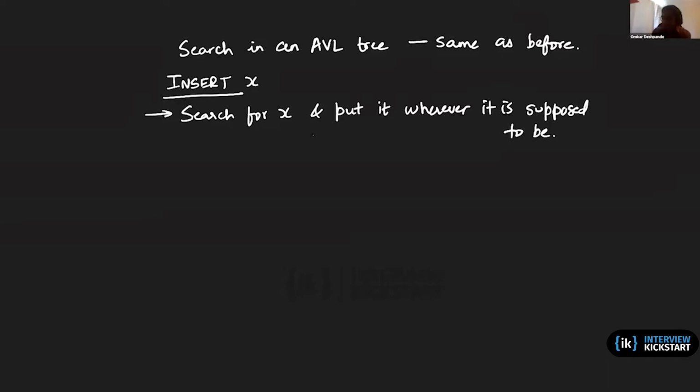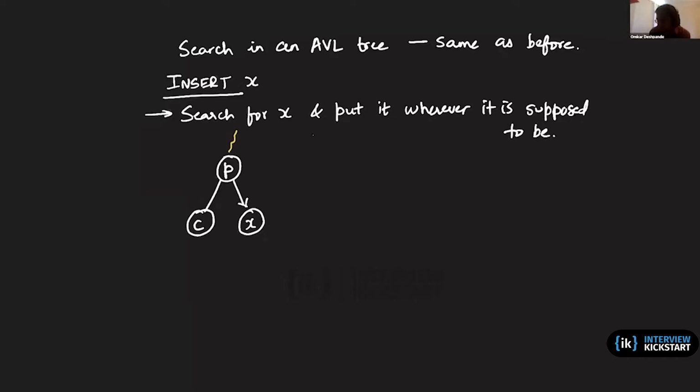Let's say P is the parent, and P already had a child C, and this is where we end up inserting X. So if this happens, then whatever be the shape of the tree around it, this will be okay, because the balance factor for P would have changed.